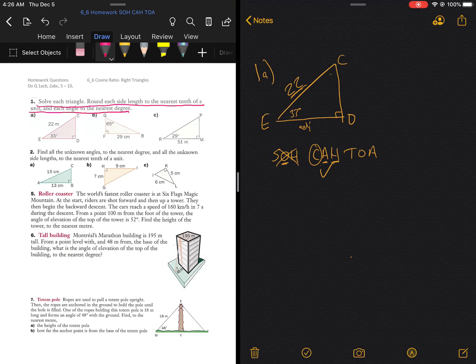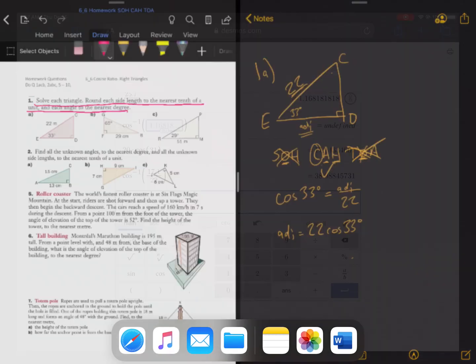Let's just pretend that we didn't already know we're going to use cosine. Do we have the opposite or do we need the opposite? No. So we're not going to use tan. Okay, so cos of 33 degrees equals adjacent over 22. So that means adjacent equals 22 times cos of 33 degrees.